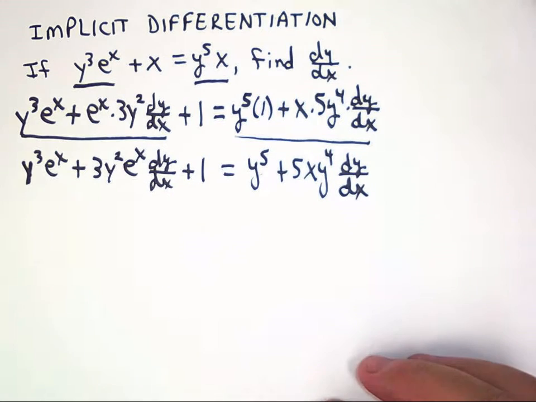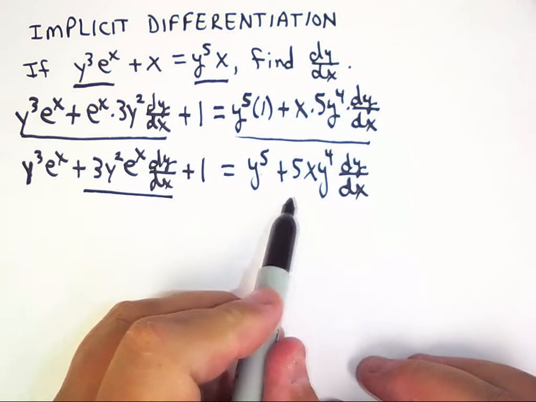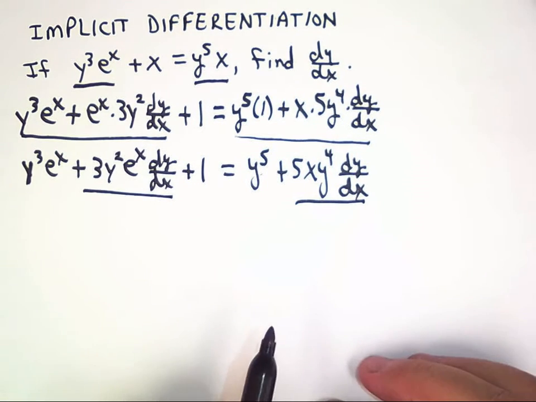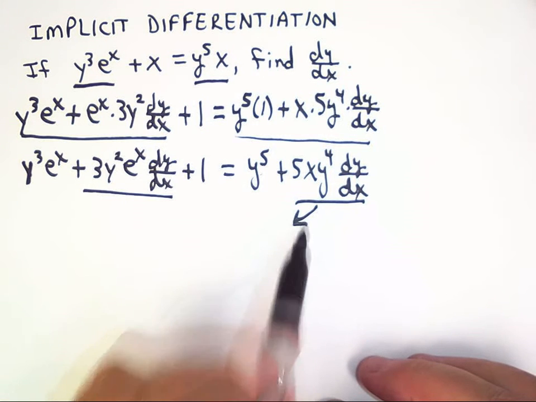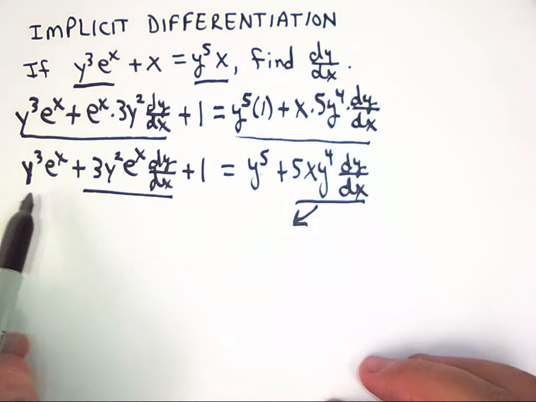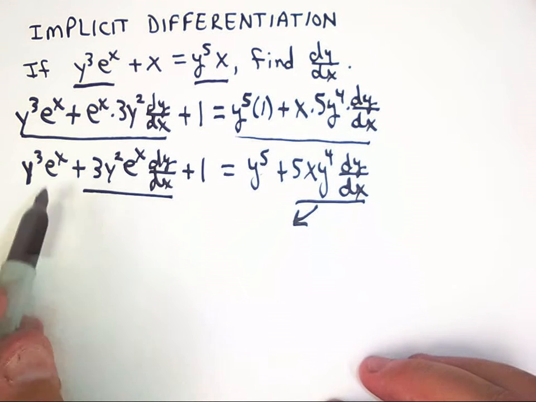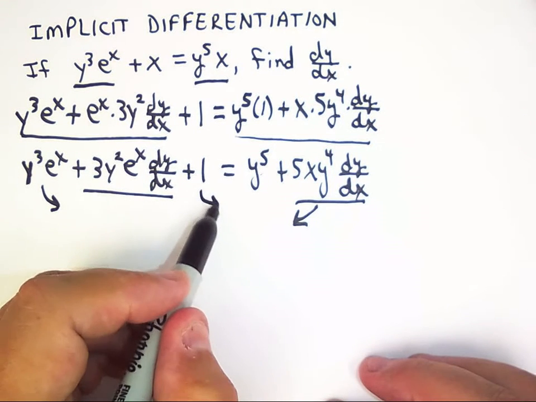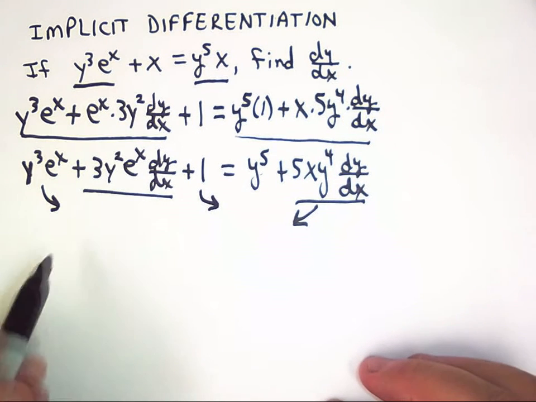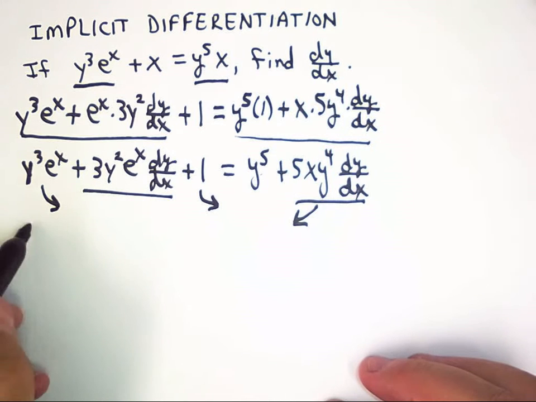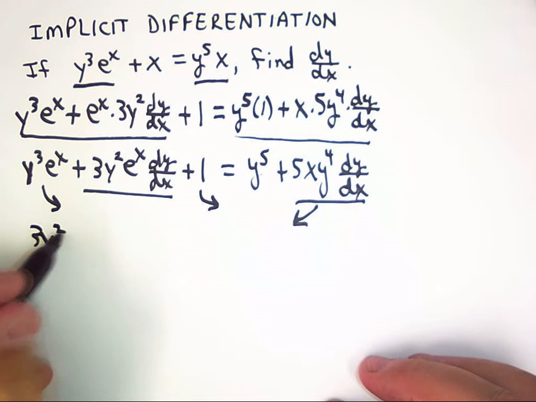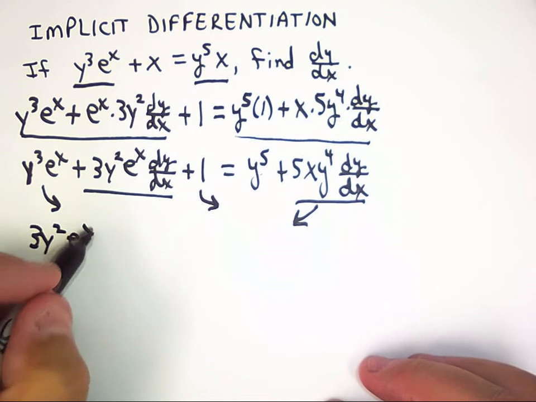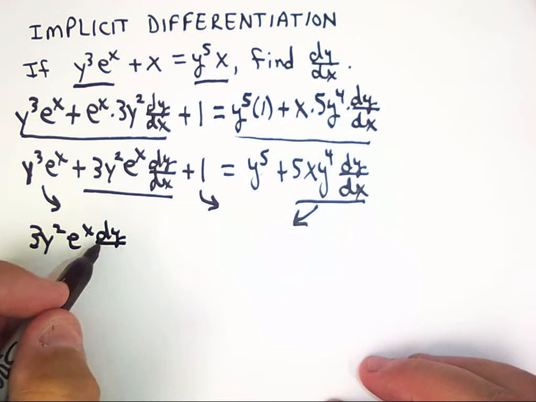Now what we want are the two terms that have dy over dx in them on one side, so I'm going to slide this over by subtracting. And everything that doesn't have a dy dx in it to go to the other side, so I want to slide that over by subtracting and slide that over by subtracting. So I'll end up with, this stays where it is, 3y squared e to the x times dy over dx.